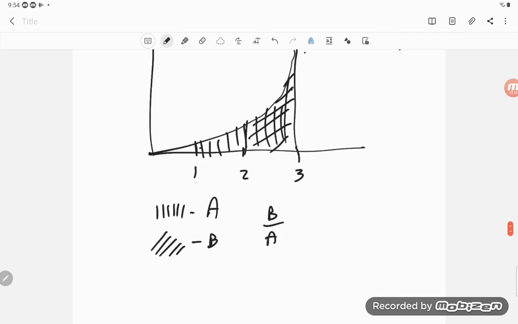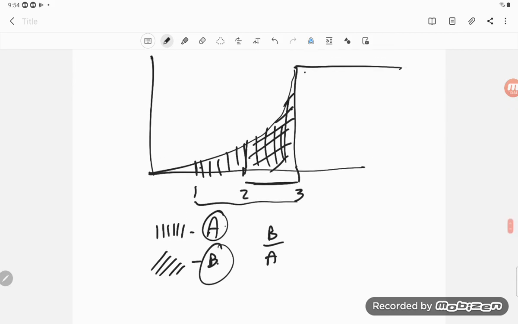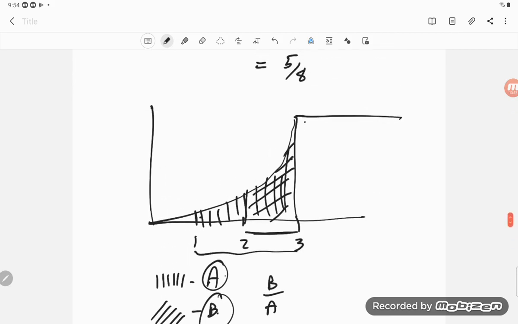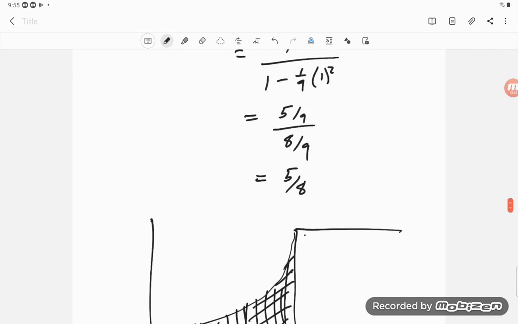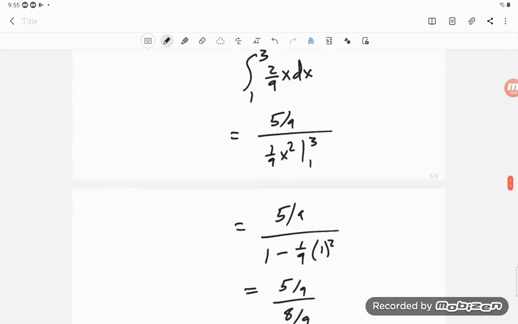We took the integral from 1 to 3, which would be this area A, and we divided that into the area from 2 to 3, or B. So we took that area B, divided it by the area of A to get that ratio for the conditional probability. So there we go. So even with the mistake in there, we got through it.